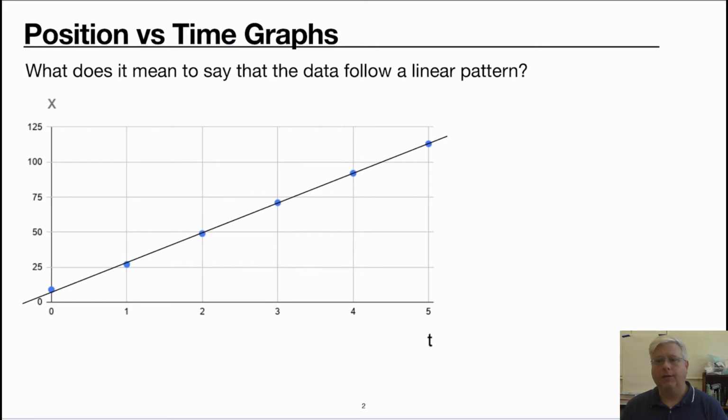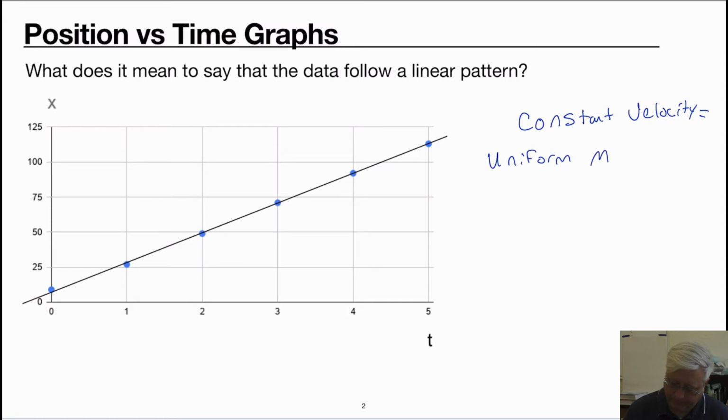So from this line, we could say that Daisy is moving at a constant velocity. When we have a constant velocity, we call that uniform motion. When something's uniform, that indicates that it's the same, so constant.